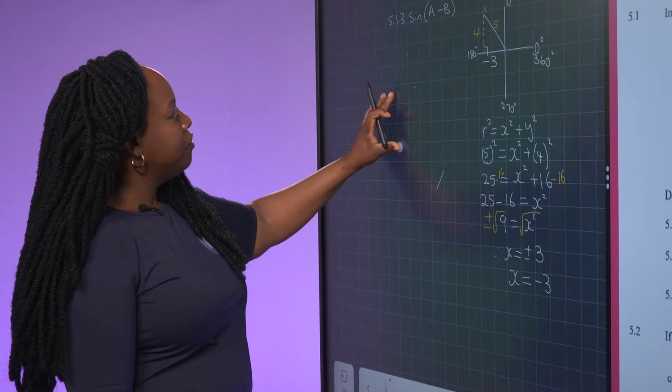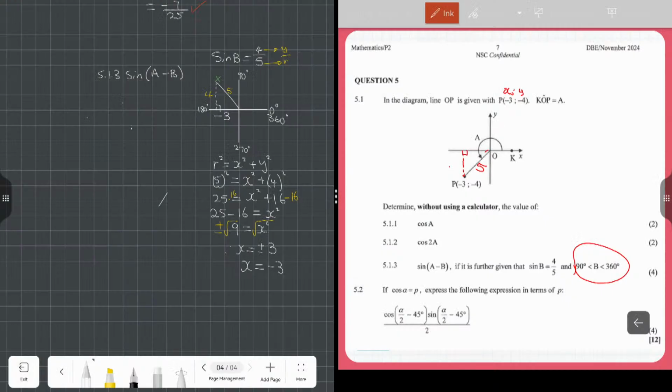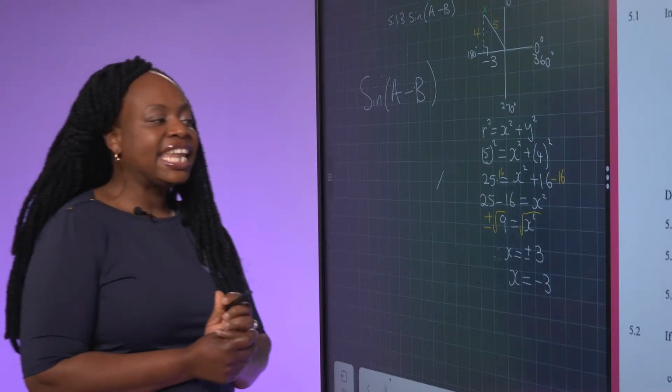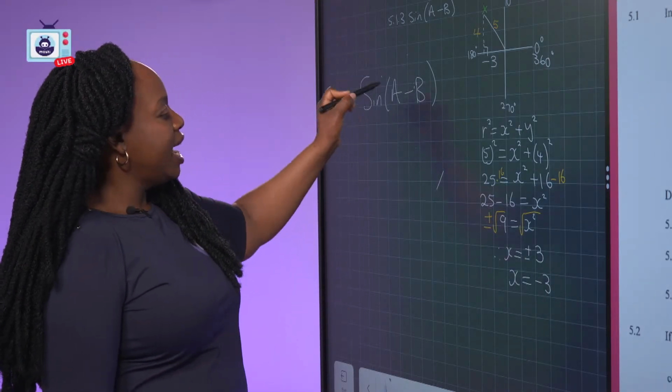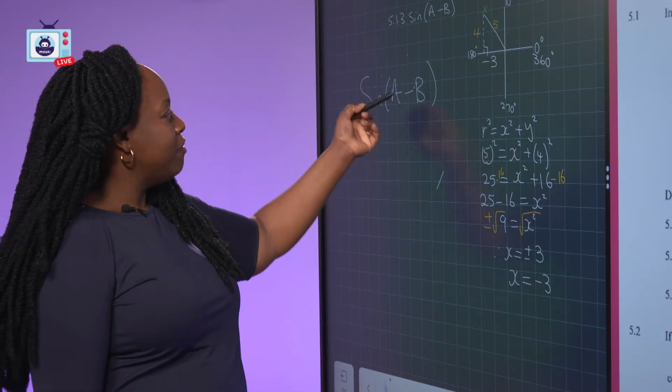So let's go to it. We have sine A minus B. So let's write it a little bit bigger. Sine A minus B. So what we need to do there is to use whatever formulas we have that can help us get to the answer. So we cannot come here and say A is 3 over 5 and B is 1.